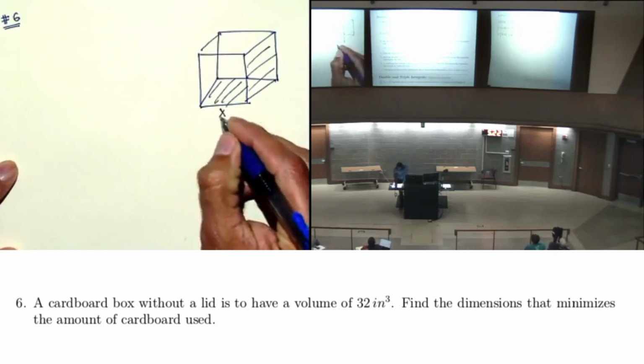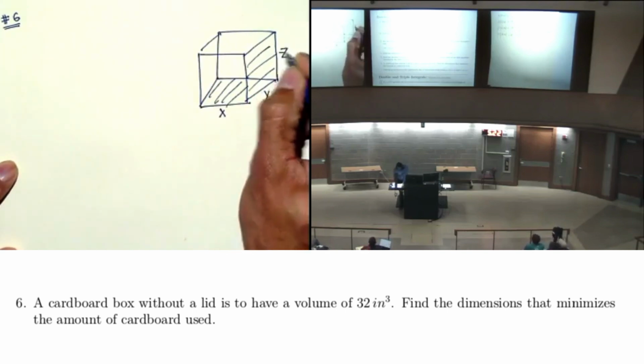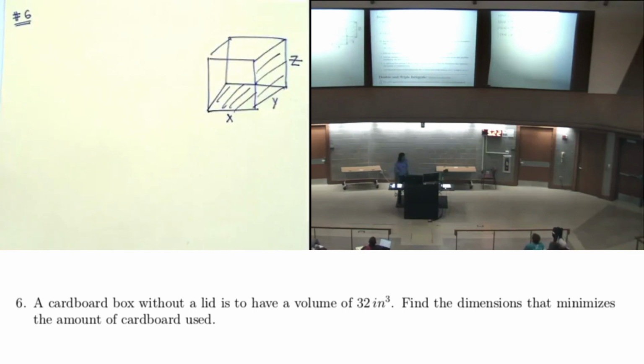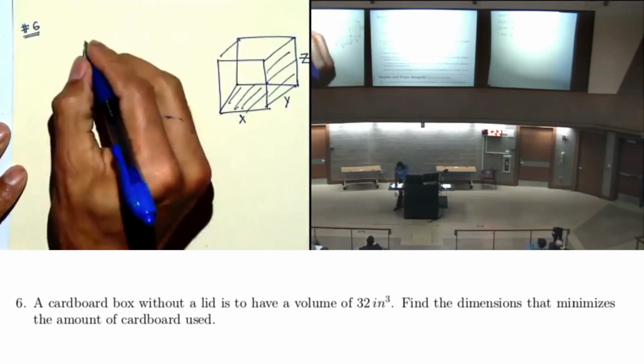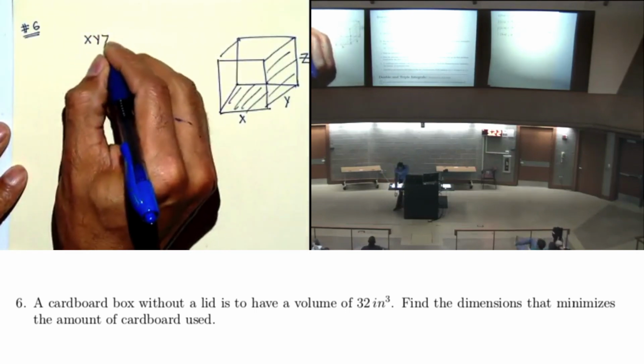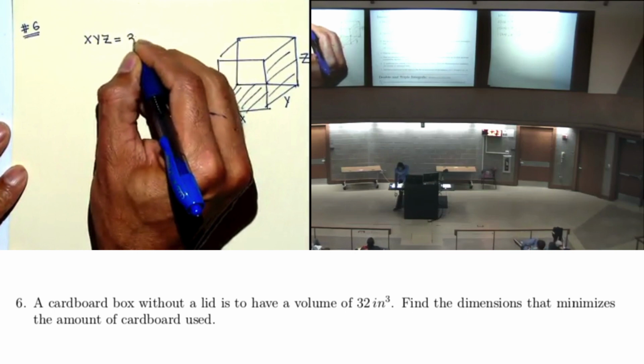So if this is X, this is Y, this is Z. Read the problem: a cardboard box without a lid is to have a volume of 32. What that means is, if I multiply X, Y, Z, it has to be 32.